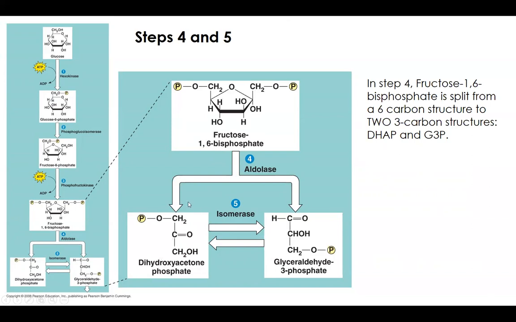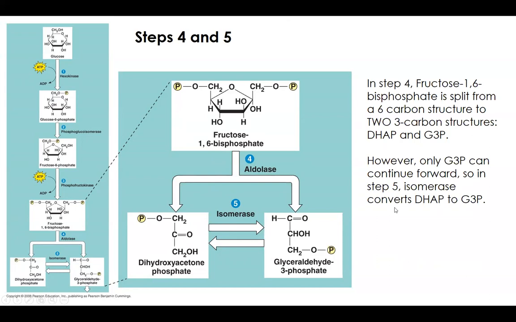Okay, so we've split this into 2 3 carbon molecules. For whatever evolutionary biochemical reason, however, only one of these 3 carbon molecules is acceptable to continue in this process. So that is G3P, glyceraldehyde 3-phosphate.